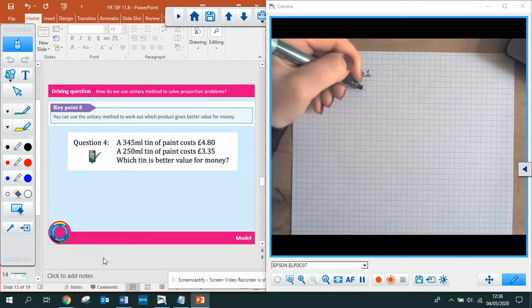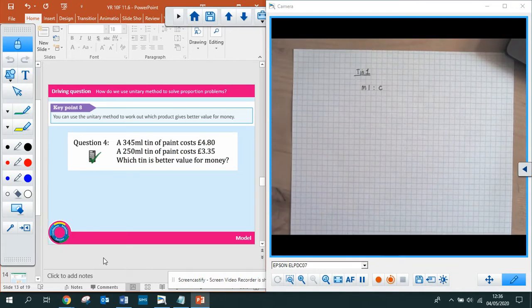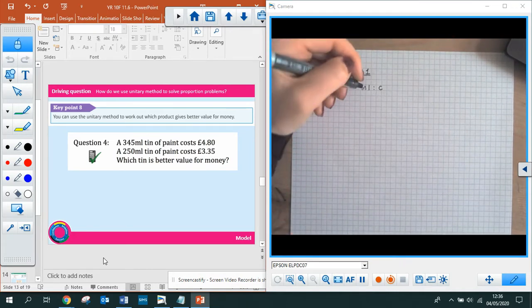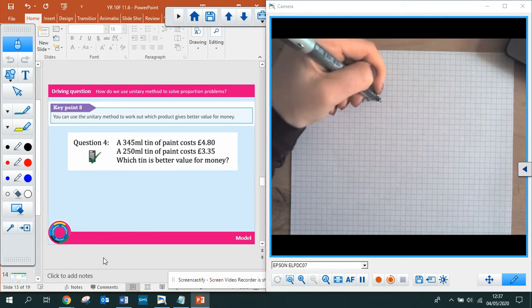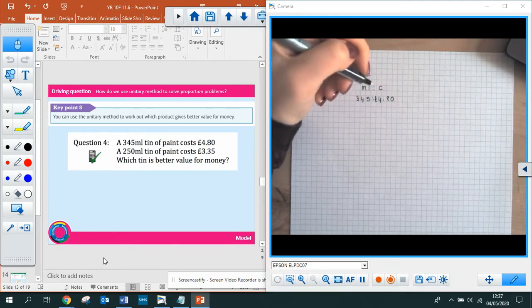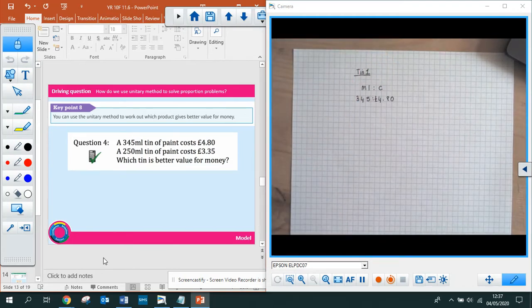I'm going to do milliliters to cost. So we've got 345 milliliters to the cost, that is £4.80.